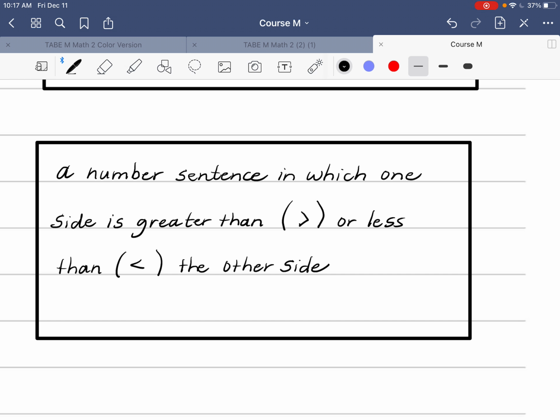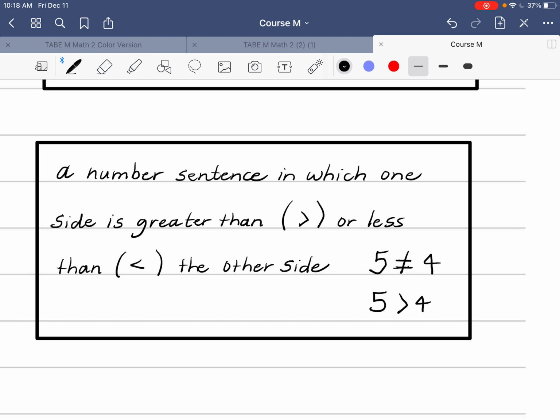And let me show you an example right here. If I tried to tell you that 5 equals 4, hopefully you would say, no, that's not true. 5 does not equal 4. 5 is actually greater than 4.